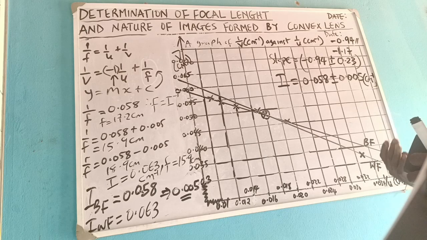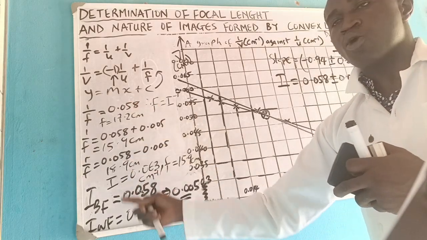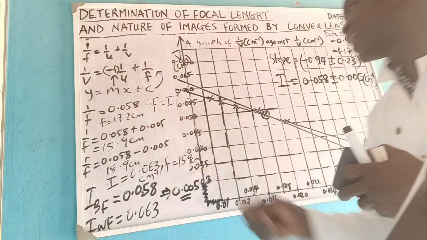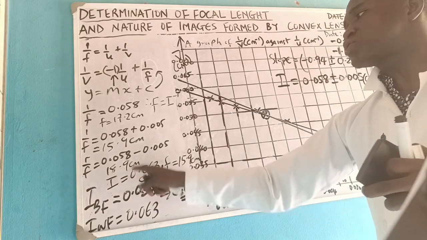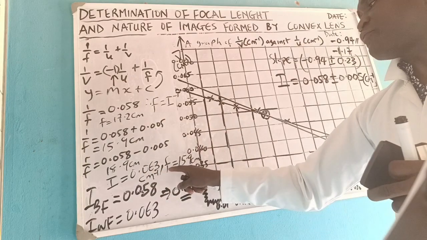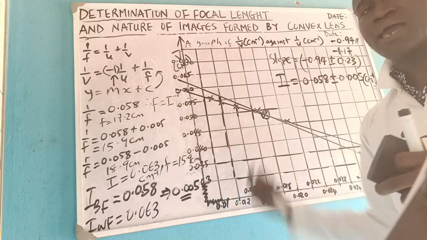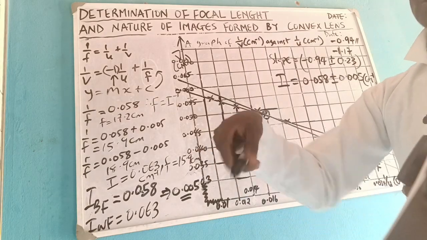Then why write your intercept this way? Because of what you just checked out in your rough work, you realize that you say, I take my intercept to be equal to this plus this, that is 0.063, and focal length to be 15.9 cm. You understand? Because that is the value that will get close to it.